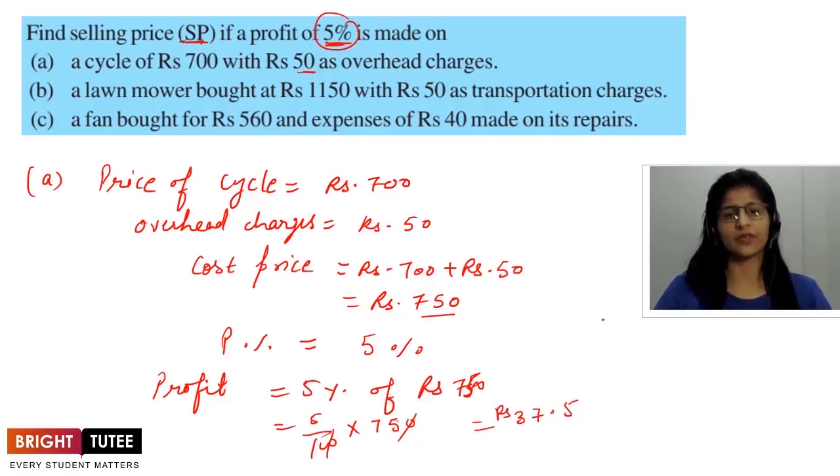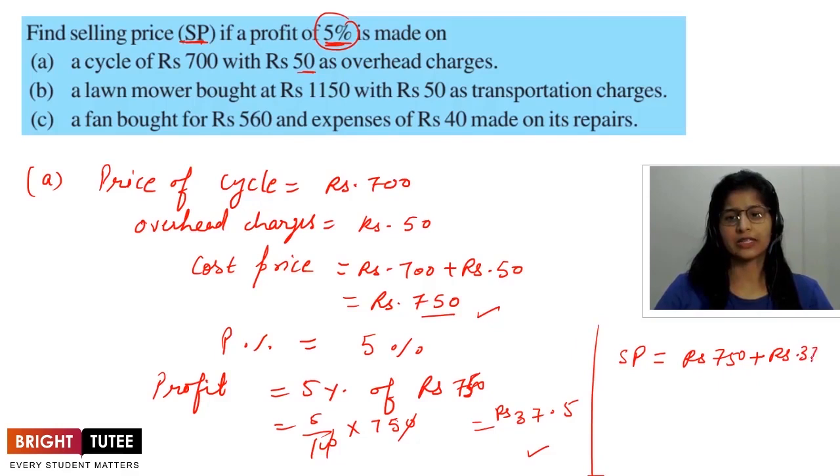So if this is the profit, we have cost price, we have profit. Can we calculate selling price? Selling price will be cost price plus the profit, that is rupees 37.5. If we add these, we get 787.5. This is the selling price.